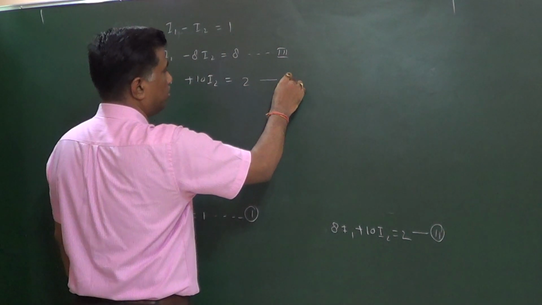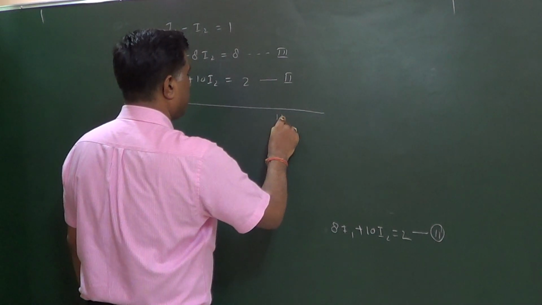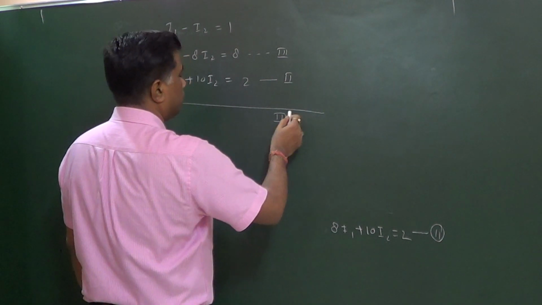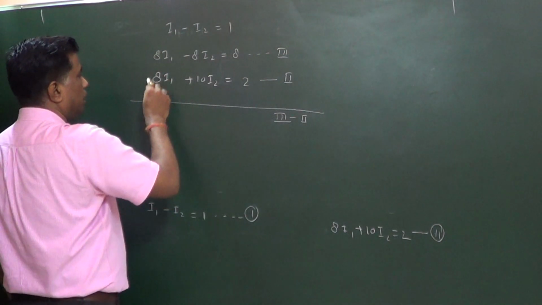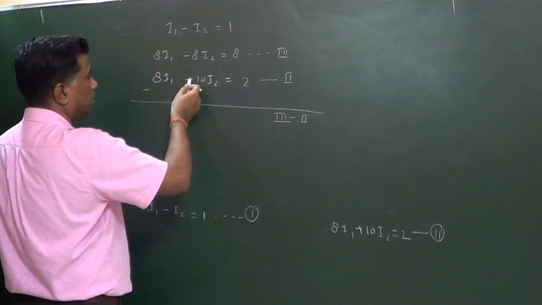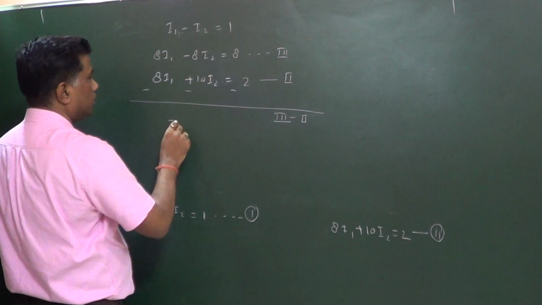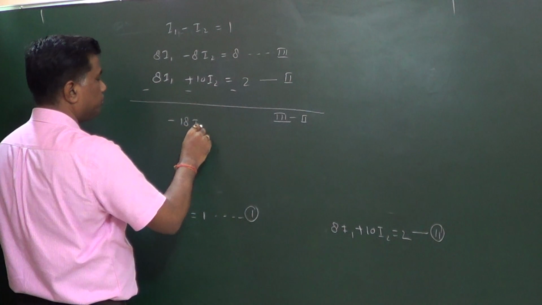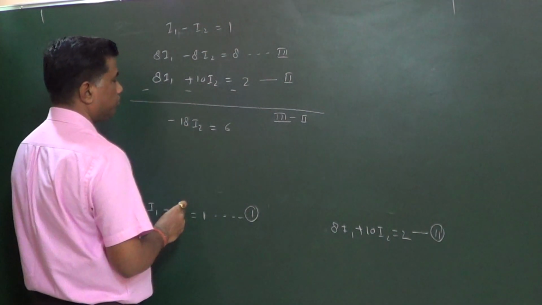This is equation number 2. Now subtract equation 3 from 2. So 8I1 minus 8I1 cancels. This will be negative, this will be negative. So 18I2 is equal to 6.